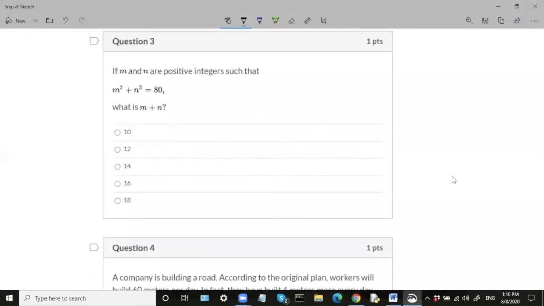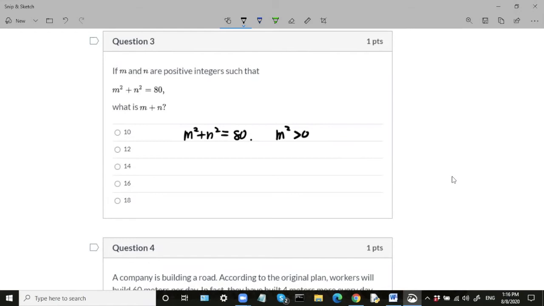Problem 3. If m and n are positive integers such that m squared plus n squared equals 80, what is m plus n? So we have the equation m squared plus n squared equals 80. Because m is a positive integer, m squared will be greater than 0, not equal to 0.